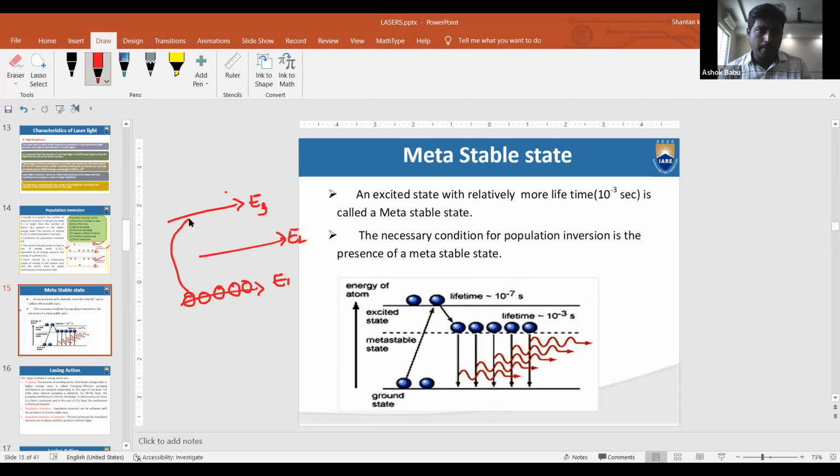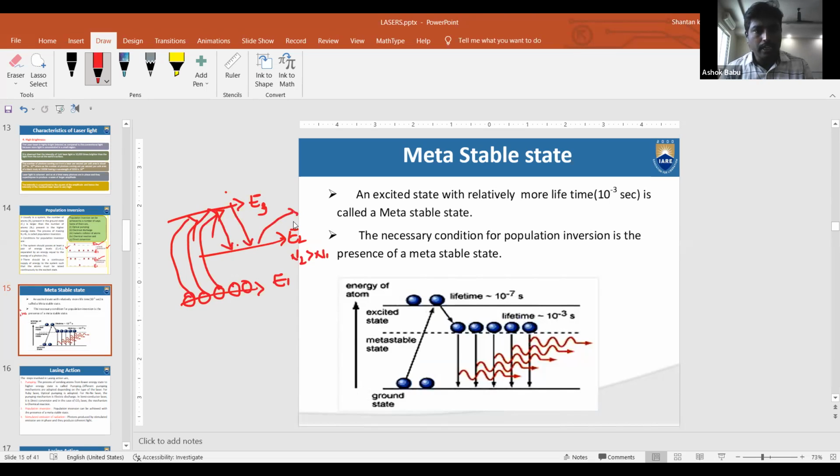By using the pumping mechanism, we send atoms to the higher energy state E3. After that, by de-excitation, atoms stay in E2. To achieve population inversion, the number of atoms in the E2 state, N2, must be greater than N1.